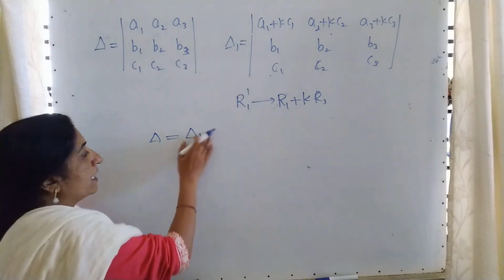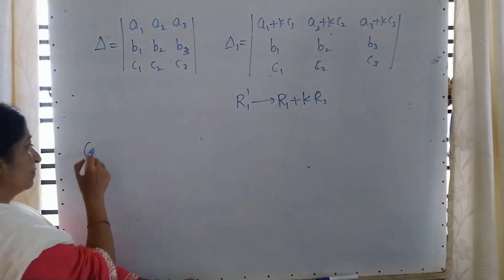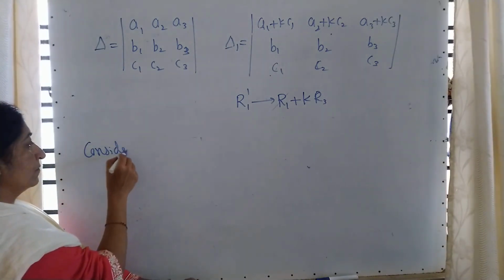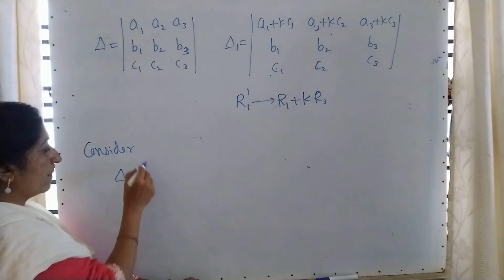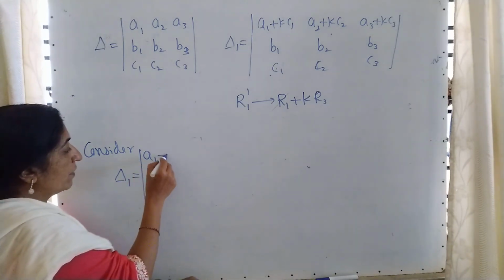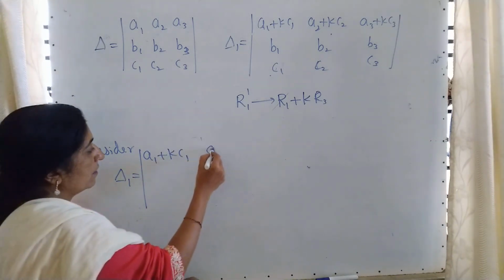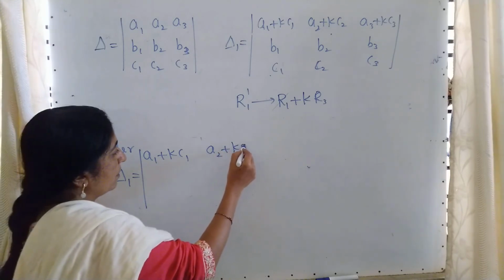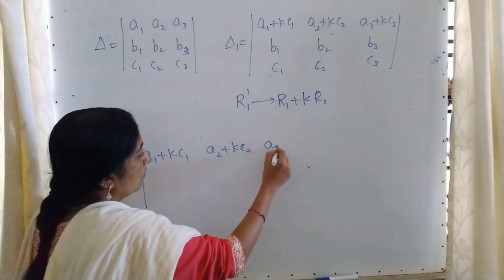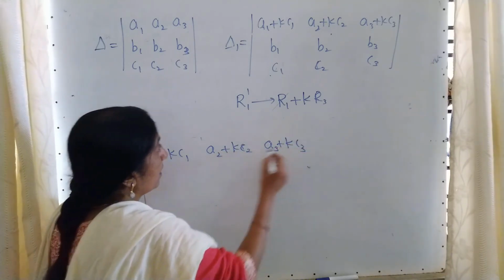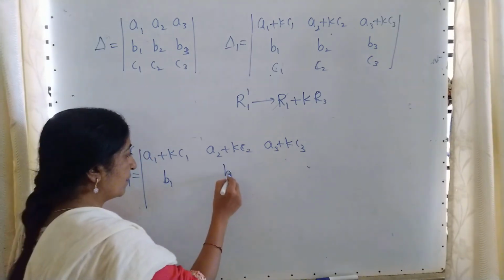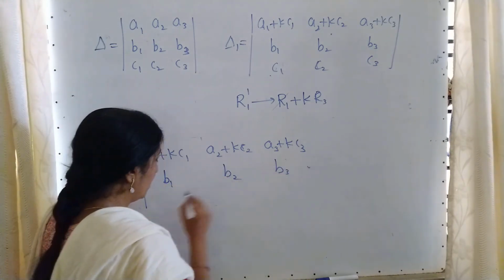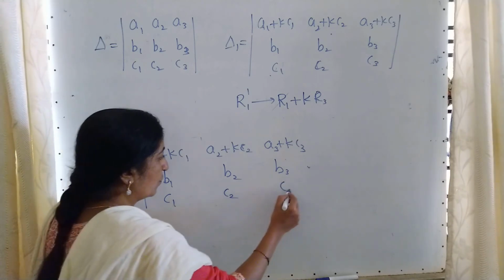So consider delta 1. It is A1 plus K C1, A2 plus K C2, A3 plus K C3. This is B1, B2, B3, C1, C2, C3.